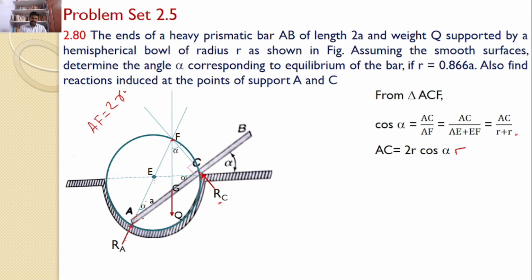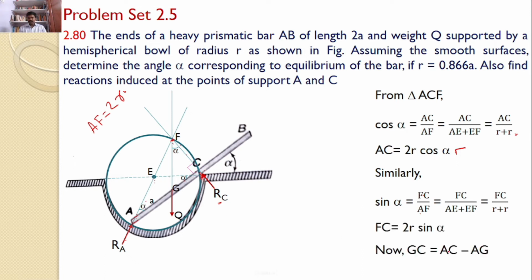Similarly, by considering the same right angle triangle ACF, sin alpha also you can find. Sin alpha is equal to the opposite side, that is FC by AF. Hence, I can find the value of FC, and that FC is equal to 2R sin alpha. Now, let us consider GC. GC value can be calculated as AC minus AG.